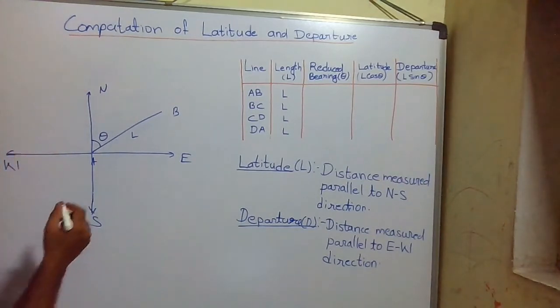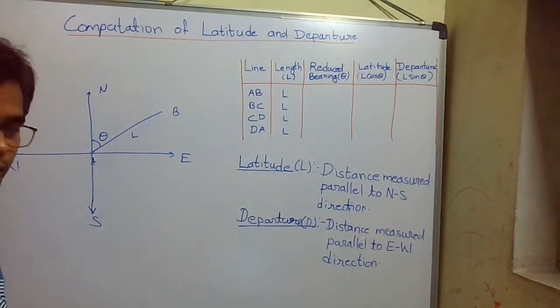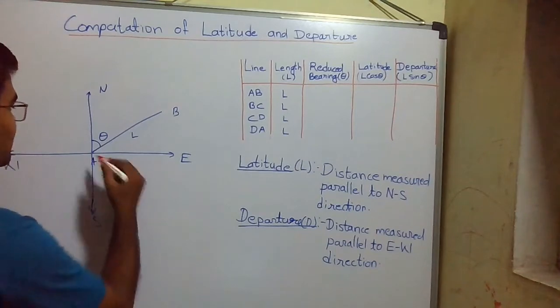According to the definition, what is latitude? Distance measured parallel to the north-south direction. This is line AB.